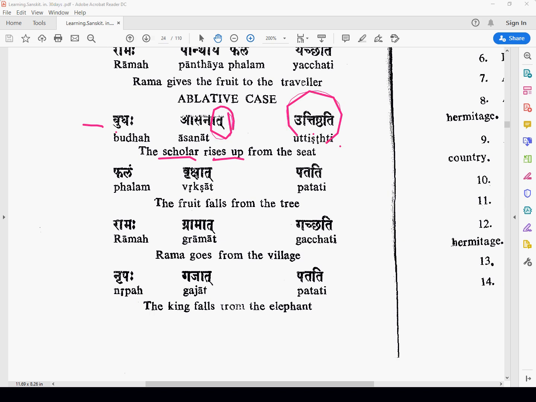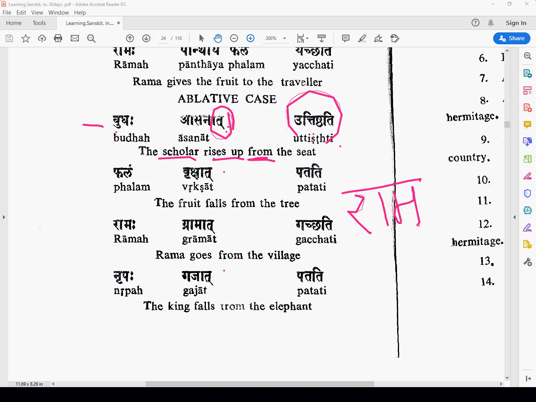Wherever "from" is used, mostly this fifth case ending is used. All the fifth case endings here refer to words like Rama, Akaranta Pullinga.